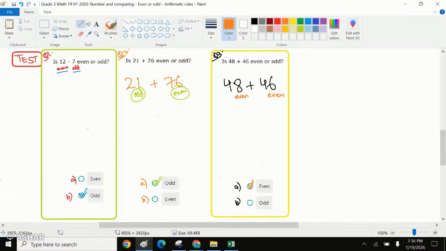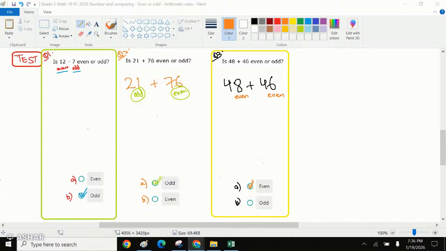We are adding even and even numbers. It would be 94, right? Let's confirm. Yes, May, it's even. It would be 94. So this comes out to be even.